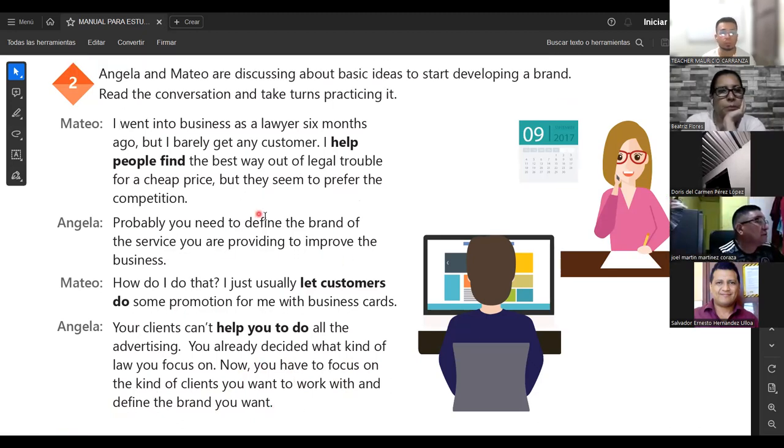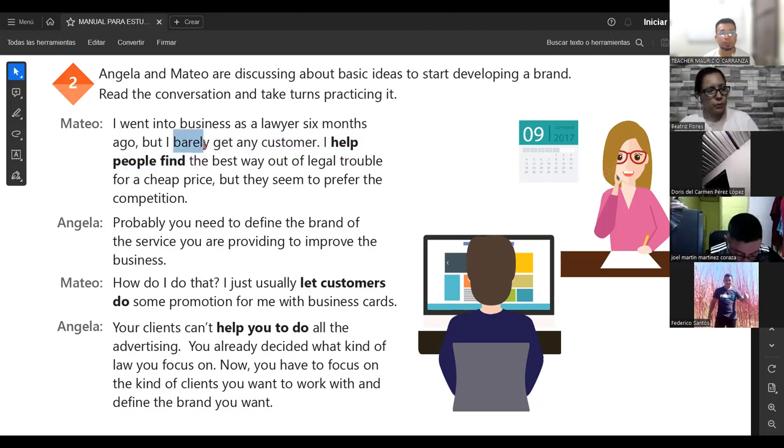Did you find new words? For me, I found a new word, barely. Barely. Okay. It is an adverb. It means when you do something, but you just meet the specific requirement just to get it, right?